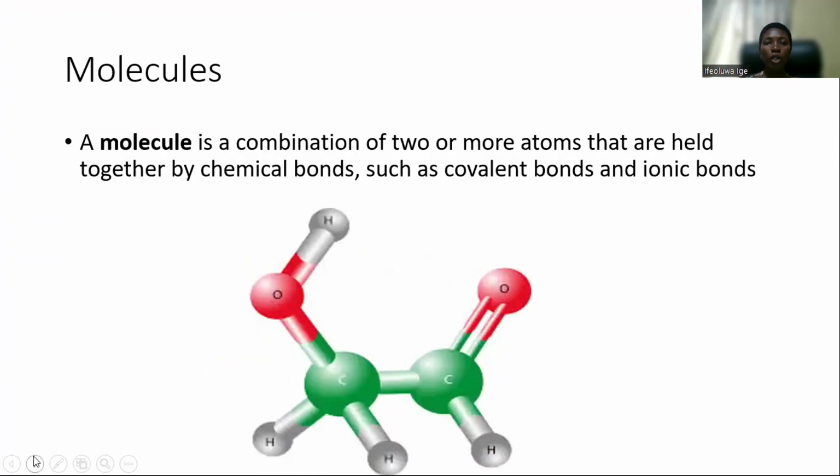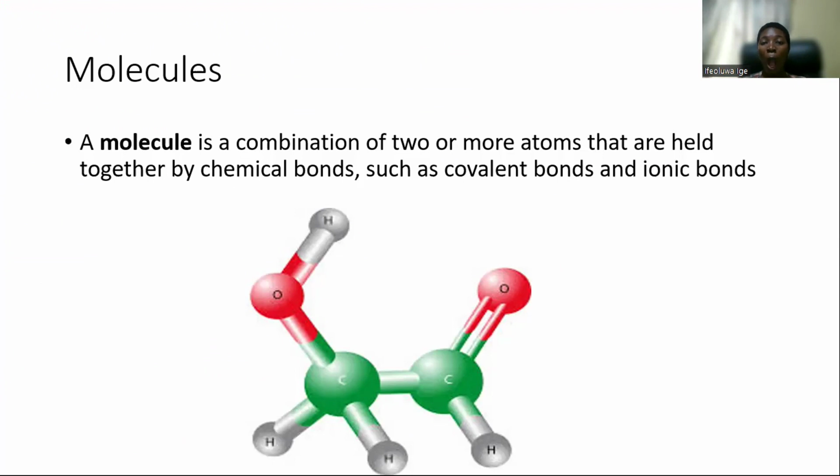So, to continue, we want to look at what molecules mean. Now, a molecule is a combination of two or more atoms held together by chemical bonds, such as covalent bonds, ionic bonds, electrovalent bonds, van der Waals forces, and hydrogen bonds.